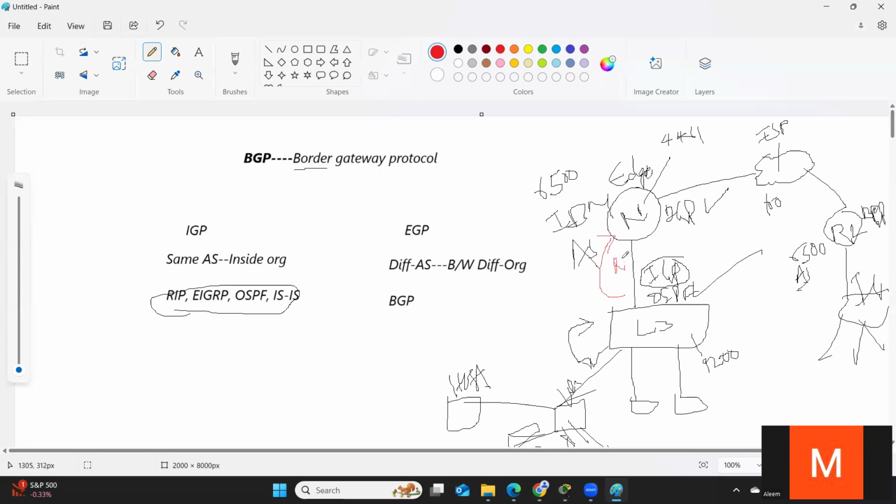That is the redistribution concept. So OSPF to BGP and BGP to OSPF, we will redistribute the prefixes. So easily these LAN prefixes will get in this edge router.